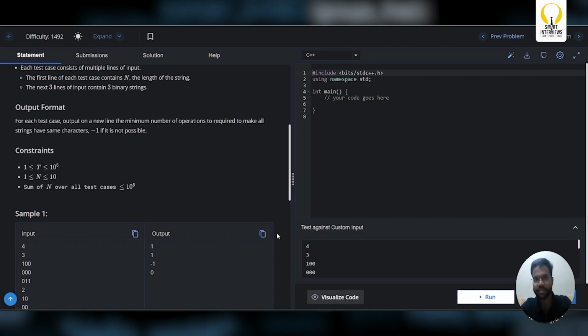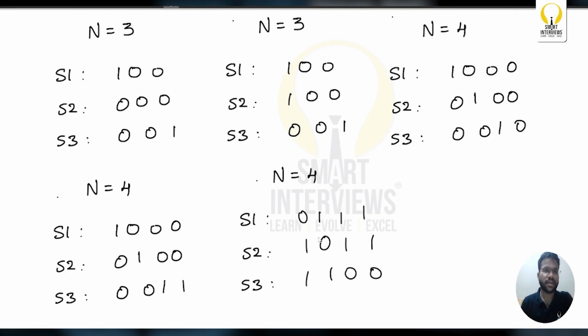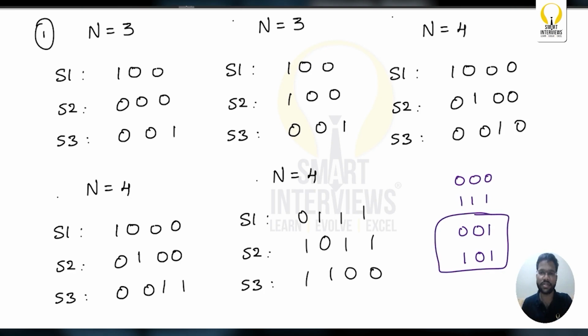Okay, let's understand this problem in a detailed way by taking a few examples. Now coming to the first test case, let us figure out, is it possible to make the strings identical? Identical means either your string contains all zeros or all ones. If your string is 001 or 101, these are not identical strings. Only these are identical strings.